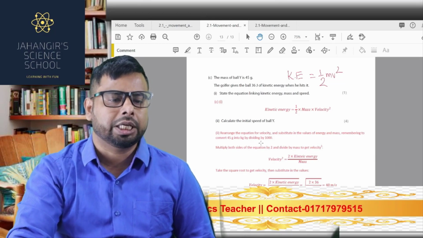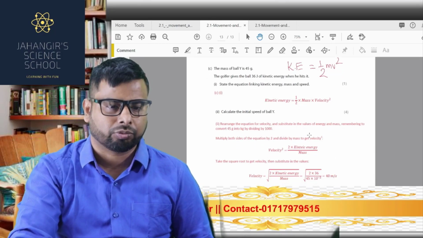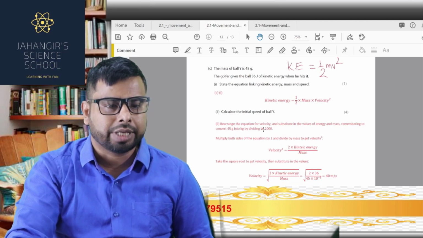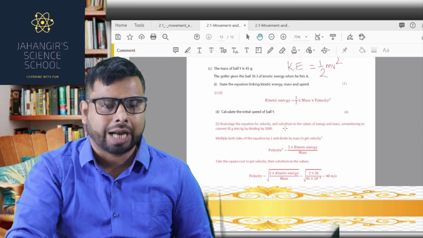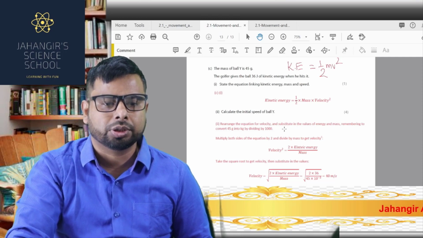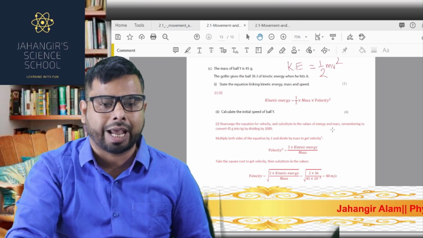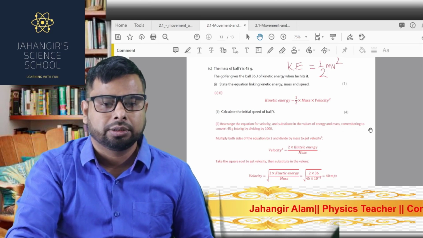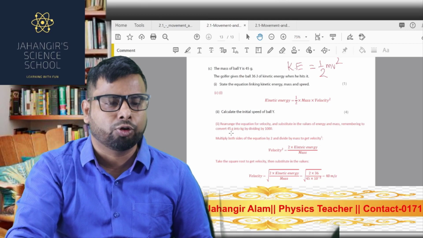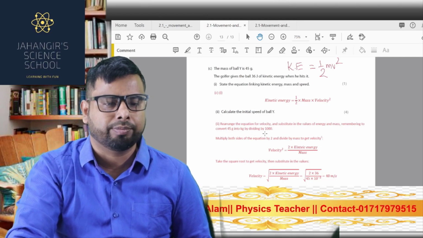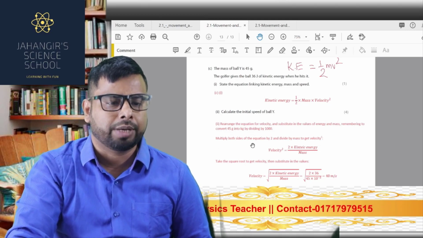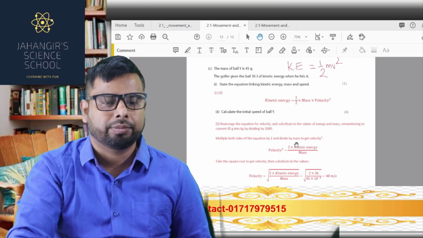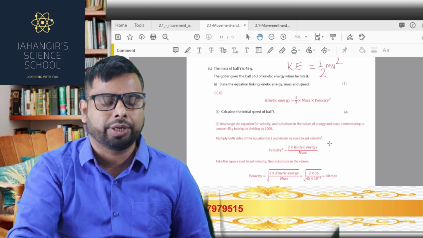Calculate the initial speed of the ball Y. Rearrange the equation for the velocity and substitute the values of kinetic energy and mass, remembering to convert 45 gram into kg by dividing by 1000. Multiply both sides of the equation by 2, then divide by the mass to give the velocity squared.